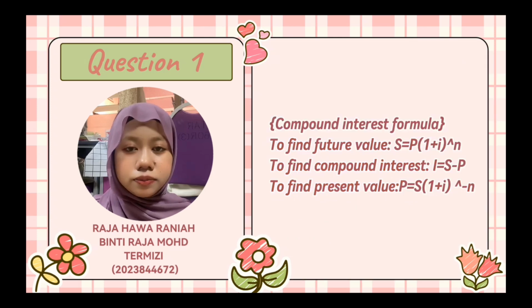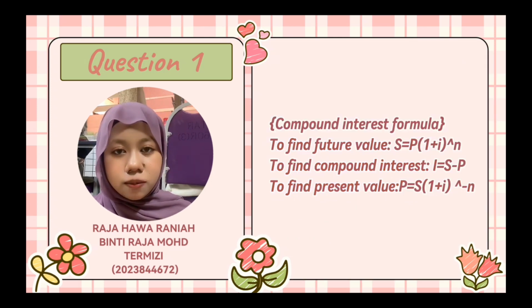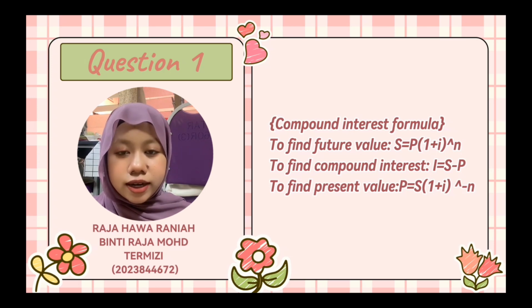Okay, so now the list of formulas that we can use in compound interest is S equals P times (1 plus i) to the power of n. That is the formula that we can use if we want to find future value.